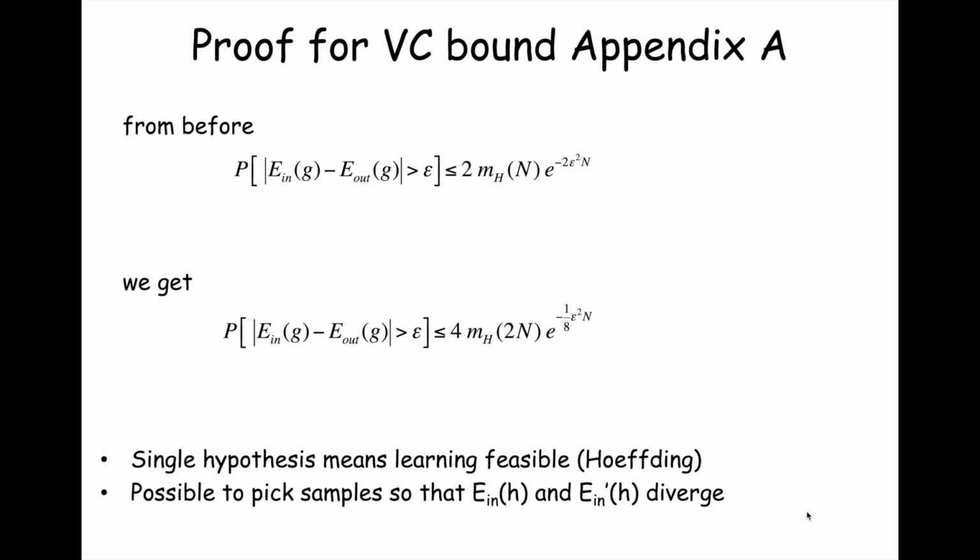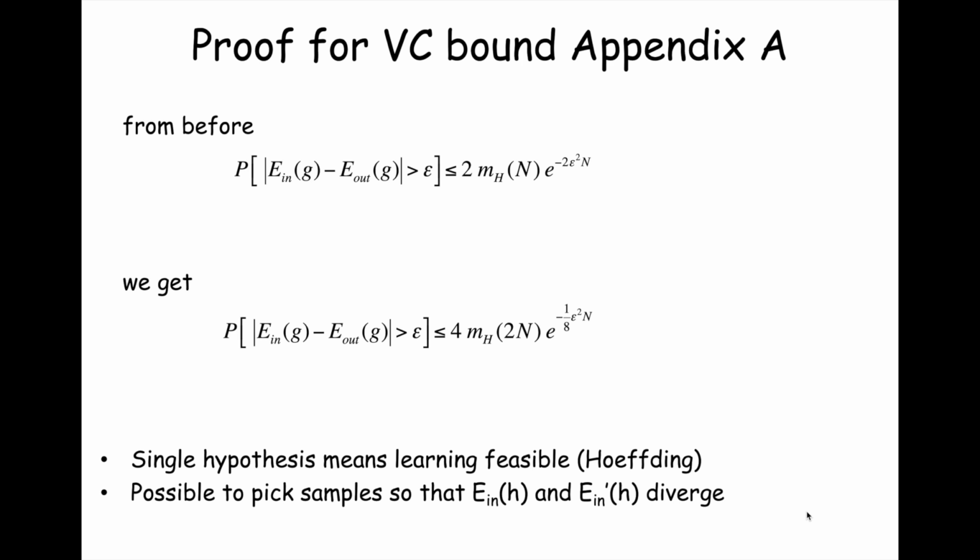And in the original proof, you get a term that's epsilon over 4. If you square that, that's epsilon over 16, and that's where you get that minus 1/8. So I won't go over the details, but this is the actual result of the VC bound from the literature, and we'll take the time at some point, if time permits, to go through the published version of that proof, but it is in Appendix A of the book.